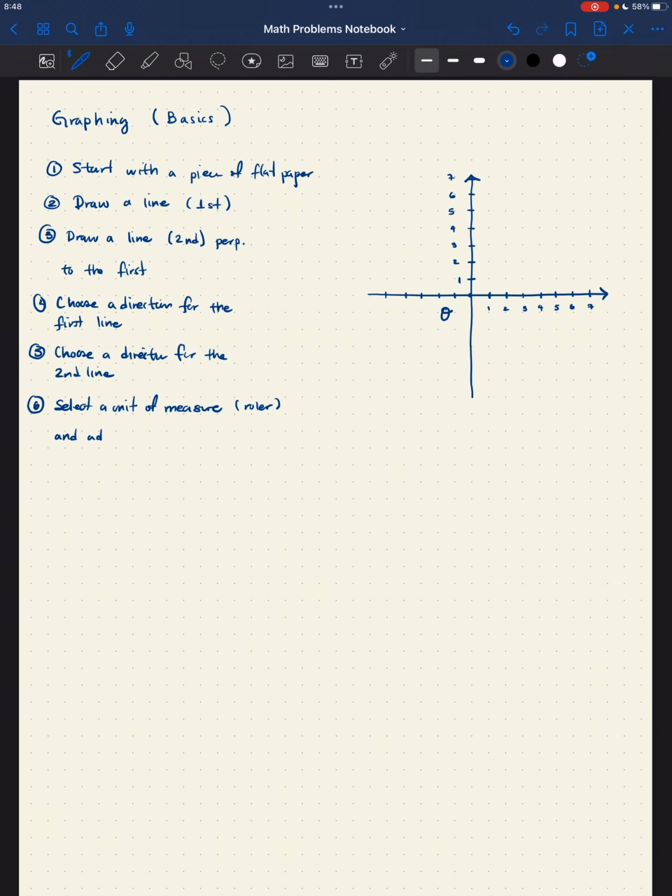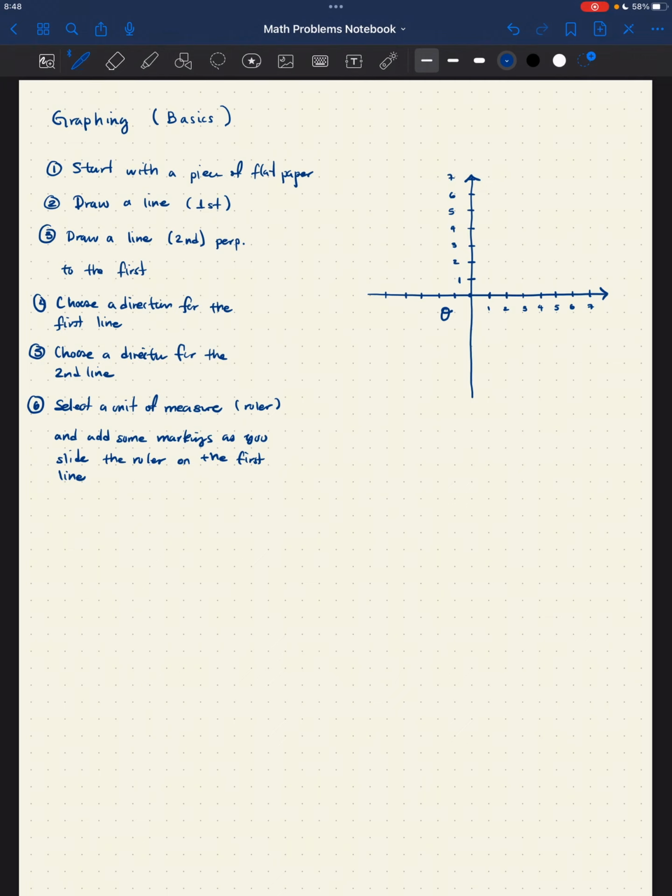And add some markings as you slide the ruler on the first line, just as we did.